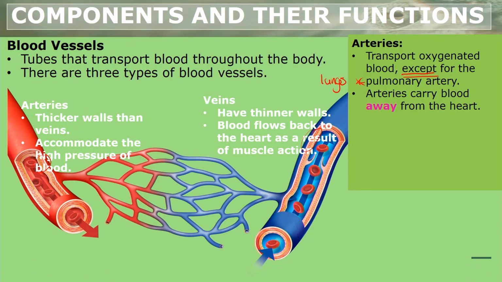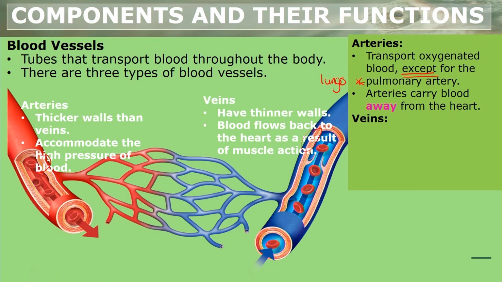To remember the function of the artery, because artery starts with the letter A, we should remember that it carries blood away from the heart and it transports the oxygenated blood to different parts of the body.